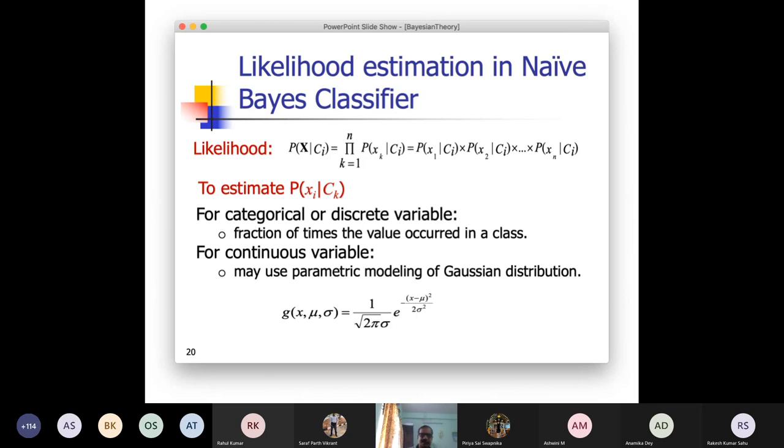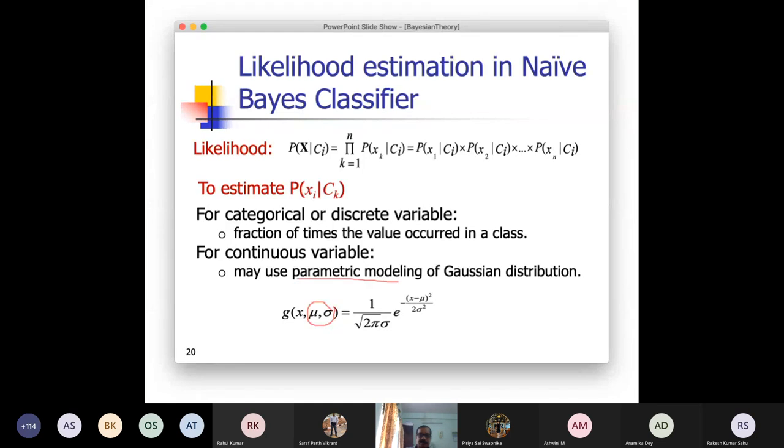This is the same as what I was discussing in the previous slide. The example is that for a continuous valued attribute, you can have a Gaussian distribution, if the values occur in the real domain. For the density function of a Gaussian distribution, to compute the probabilities you simply need to estimate these parameters.